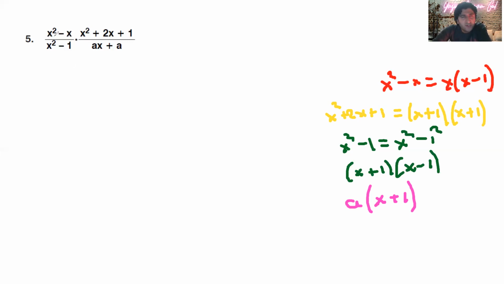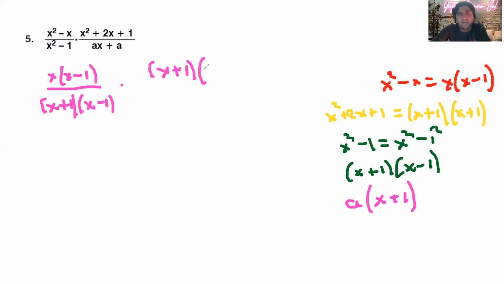So the first one, x squared minus x, I'm going to write as x times x minus 1, over x squared minus 1, we said it's going to be x plus 1 times x minus 1, times this trinomial, we said this is going to be x plus 1 times x plus 1, over ax plus a, we said it's going to be a times x plus 1.